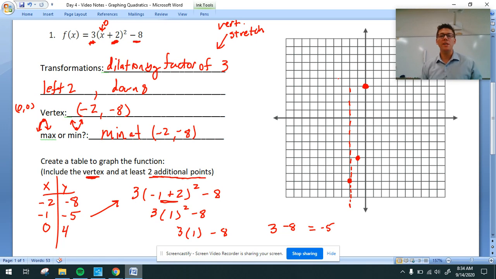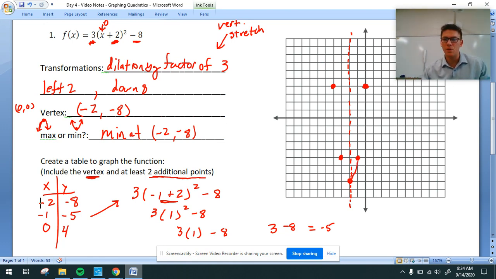The reason we only need 2 additional points to the right is because parabolas are symmetric. What's happening on one side of the vertex is happening on the other. We can go equal distance from the center directly across, one spot over, one spot over. They're going to be in the same location. 2 over, 2 over. It's always going to have that symmetric shape.